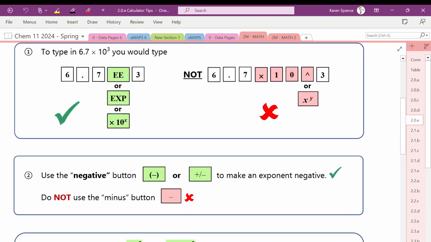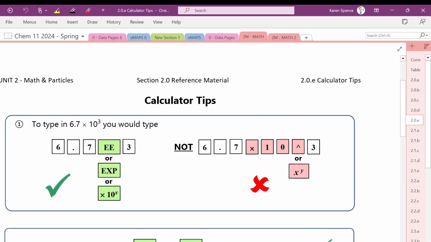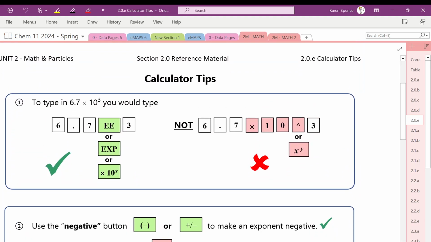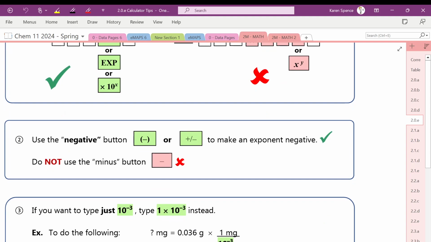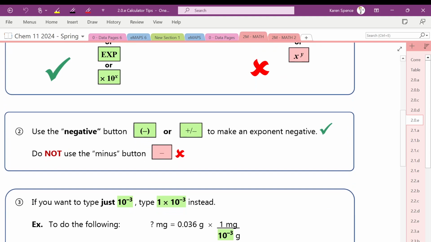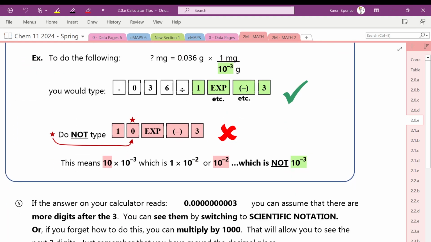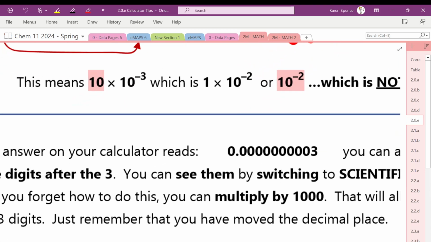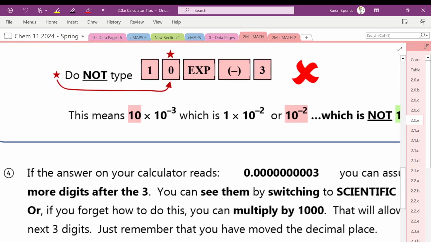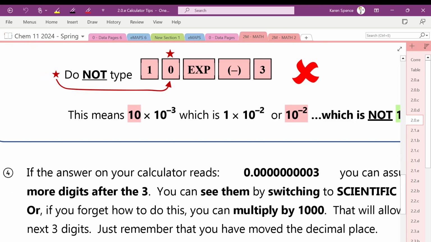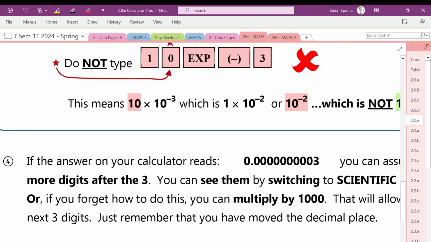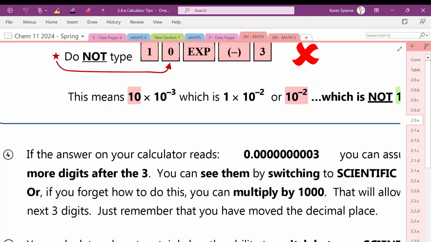It gives you calculator tips on how to use the E, EXP, or 10 to the X. It gives you the little use the negative button. It gives you another tip that we'll talk about later. Now, here is one of the things that you need to know. If your calculator reads, so this is page 5, so everyone turn to page 5, please.